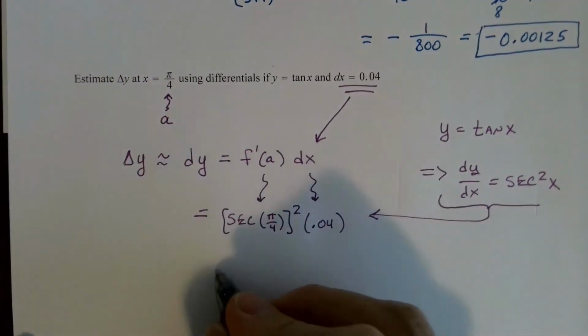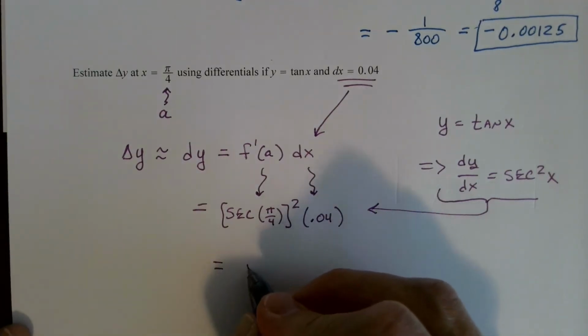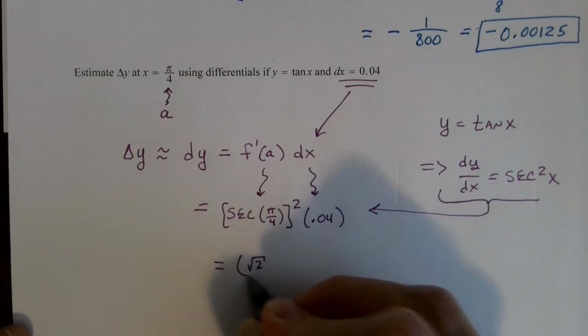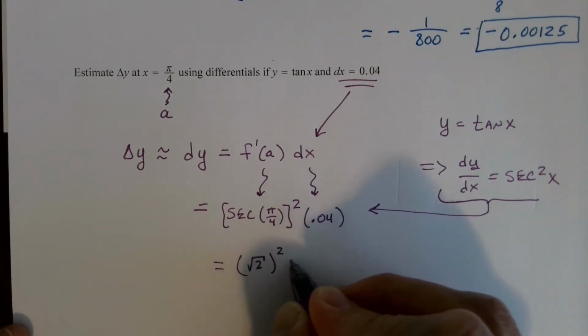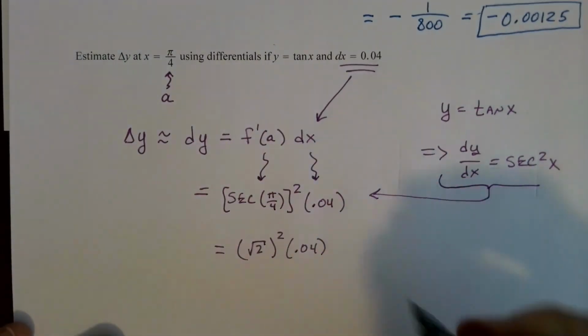Okay. So then we can evaluate this. What is secant of pi over 4? Well, secant's the reciprocal of cosine. Cosine of pi over 4 is square root of 2 over 2, or 1 divided by square root of 2. So the reciprocal of 1 divided by square root of 2 is just square root of 2. So that's secant of pi over 4. And if I square the square root of 2, I get 2.